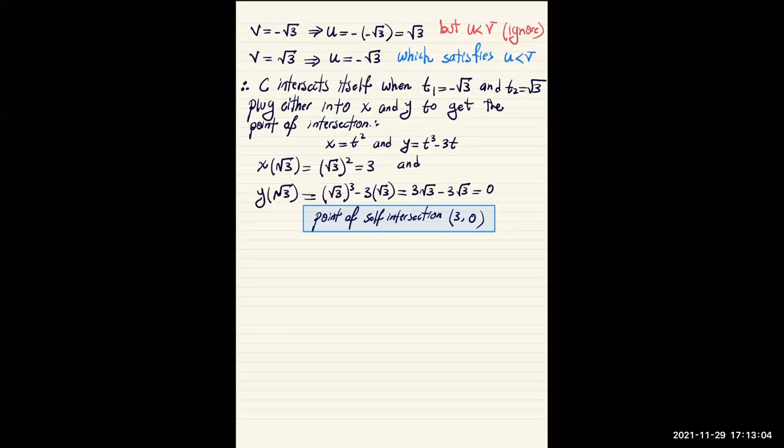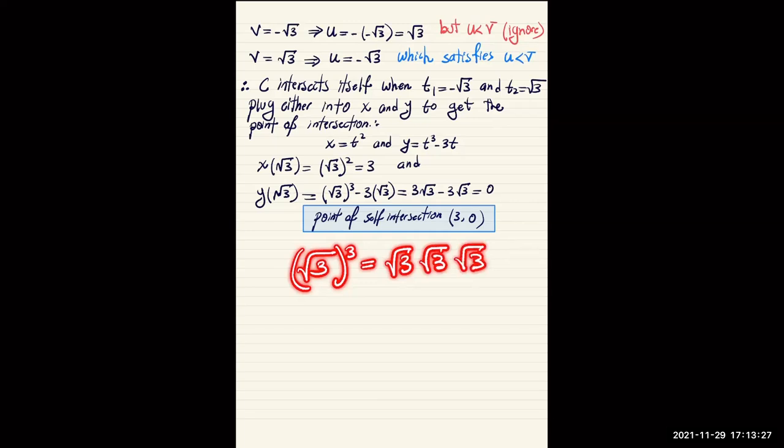Professor, how is the cube of root 3 equal to 3 root 3? Yeah, so the cube of square root of 3 is what I meant to say. It's root 3 times root 3 times root 3, right?